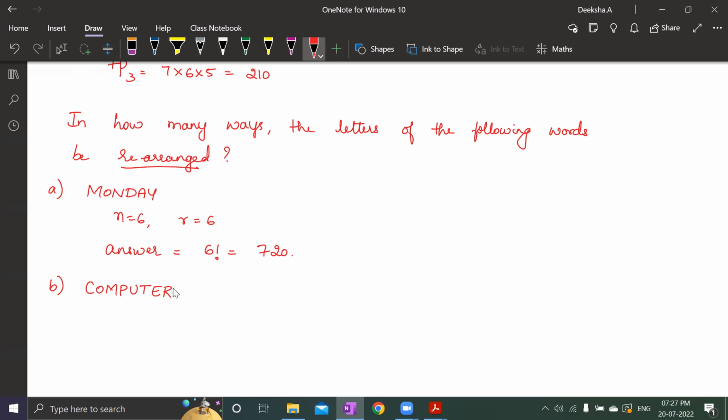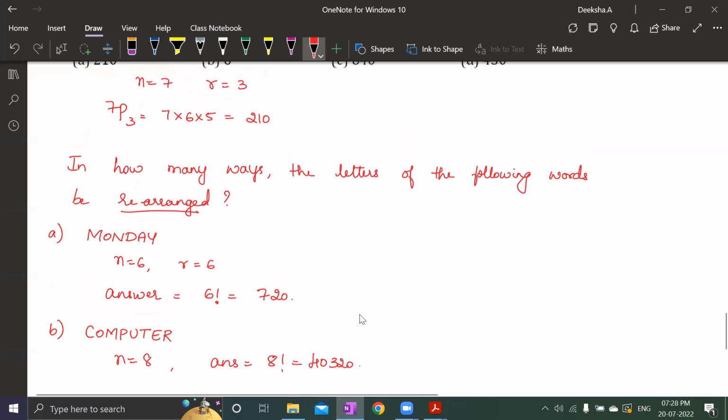Factorial values you have already written, right? So you can check that and get the answer. Yes, 40320. So here n is 8. We are supposed to rearrange all these letters. So the answer is 8 factorial.